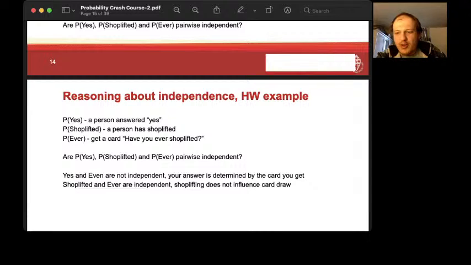So yeah, I'm not going to give you the answer to this, but the trick is to express the probability of saying yes as: have you shoplifted ever, have you never shoplifted never. Because if you do yes and ever, then you know they are not independent, so you don't know their joint probability.